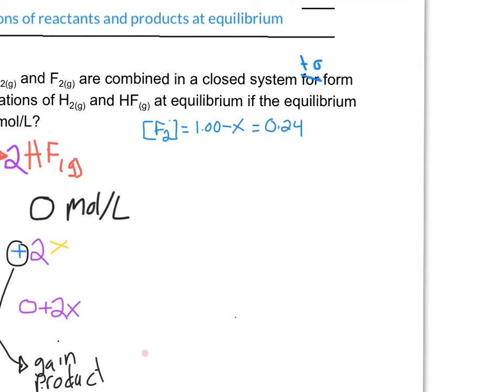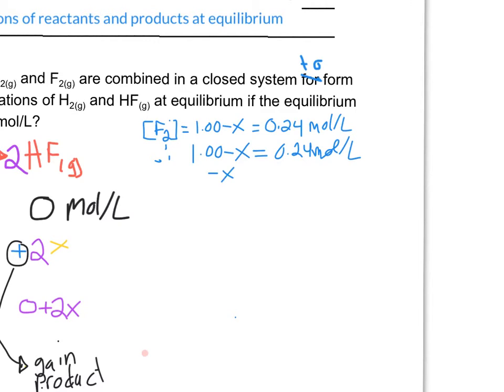So basically we can say the concentration of fluorine gas equals 1.00 subtract X, and we know that's going to equal 0.24, and we should include our mole per liter unit. So therefore we can say that 1.00 subtract X is going to equal 0.24 mole per liter, and that's pretty easy to solve for.